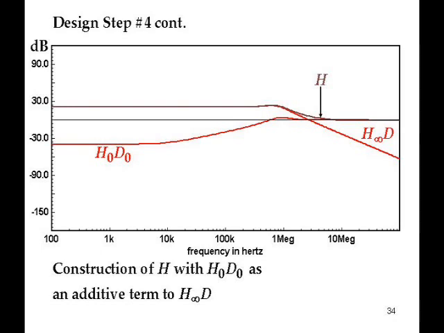And the total gain that you're going to get is the sum of the two, which on the log dB scale is simply whichever one is higher wins. So the actual closed loop gain is equal to H infinity dB at low frequencies, but after those two terms cross over, the H follows the bigger one, which is the H0 D0 term. And that's when you run out of feedback.